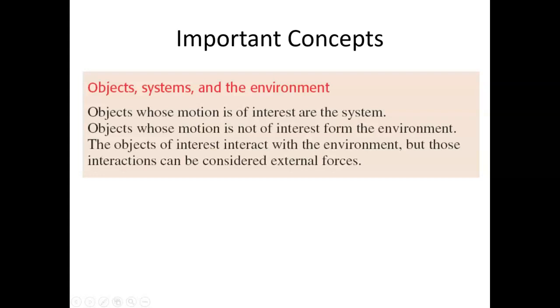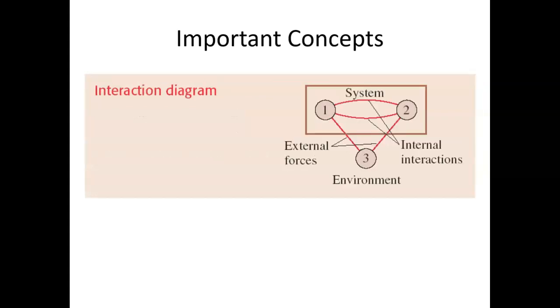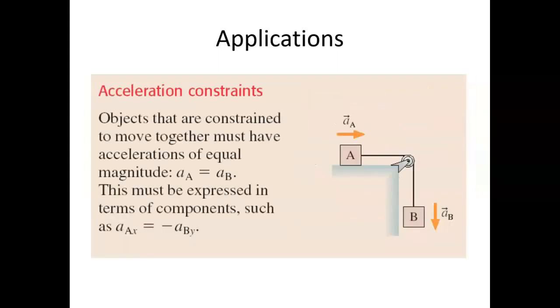So again, look for what is interacting with each object. What Knight does is he draws an interaction diagram, and he uses this in forces but also in energy. And then try to think about what is affecting the accelerations.